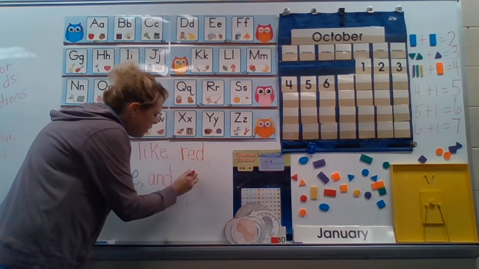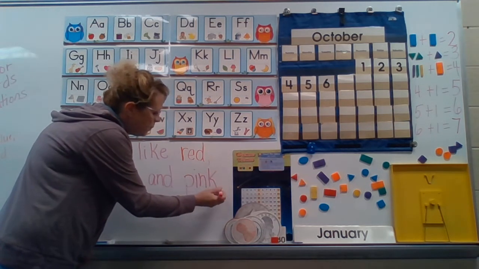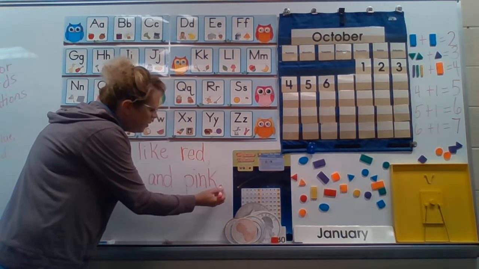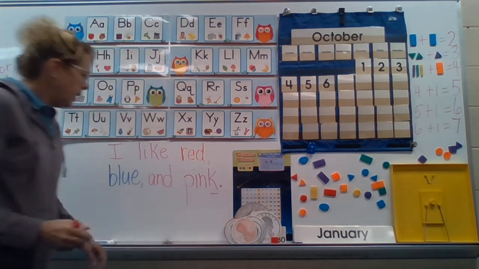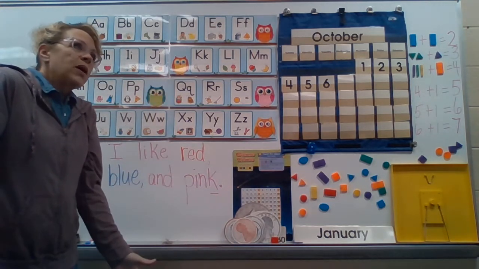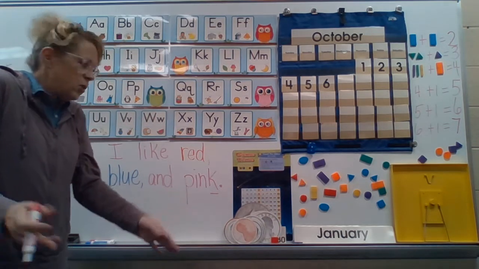And I'm already using a pink marker. Pink starts with P and it ends with that K sound. Ink. Oh, I put a period at the end just automatically because I know that's what I do at the end of my thought. I put a period so people know I'm finished.